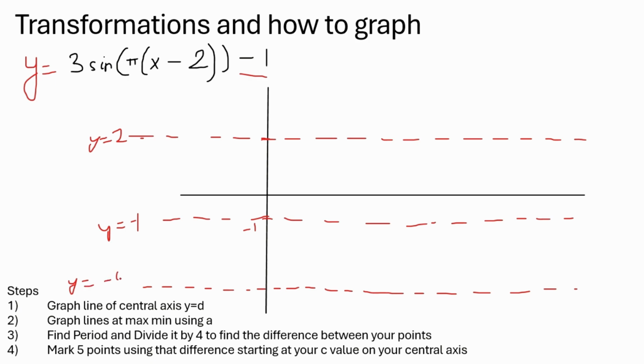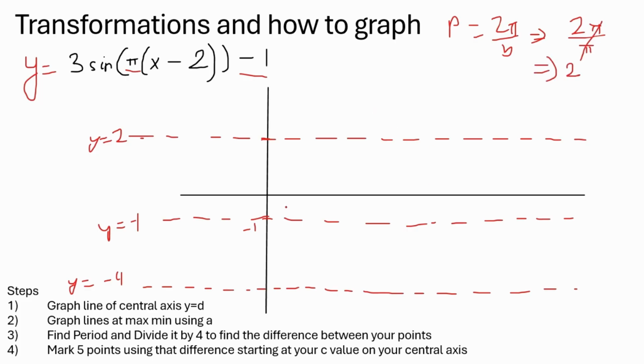y equals -4. Okay. Now, what you do, you find your period. So period, remember, is 2 pi over your b value. So that's 2 pi over, what's our b value? Pi. Pi's cancel. So our period is 2.